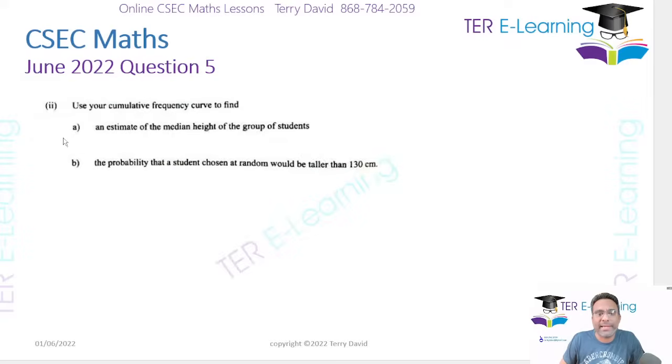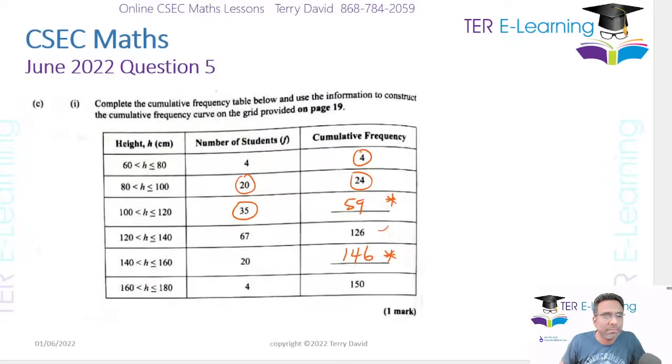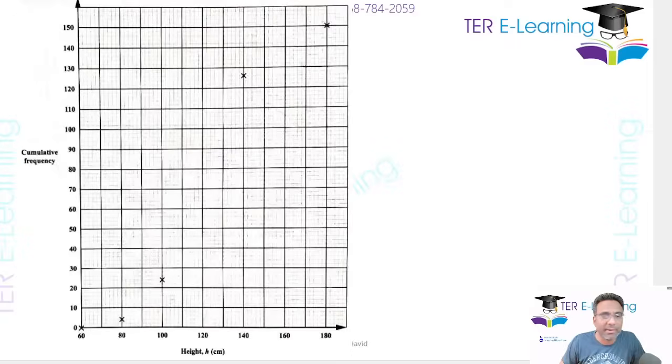The next thing now, use your cumulative frequency curve. So what did they do here? Oh, okay, so they gave us some points. They plotted some of them. They plotted 100 against 24. So what we're going to do, we're going to plot 120 against 59. So 120 against 59, that's somewhere here.